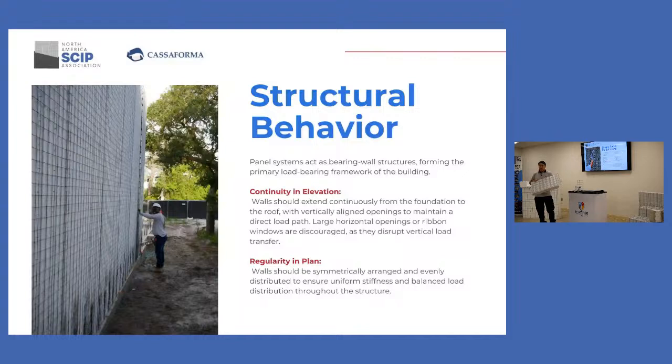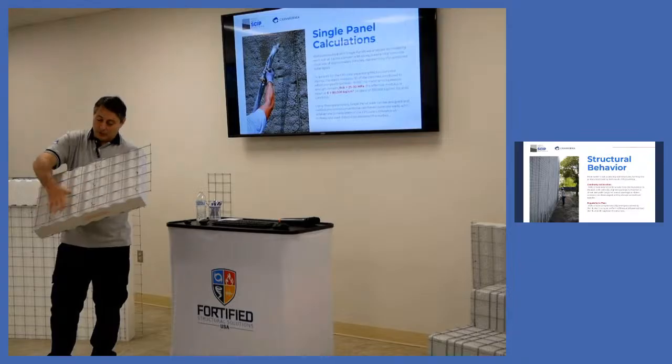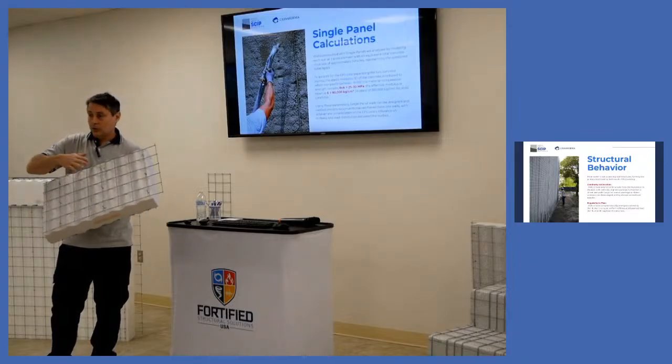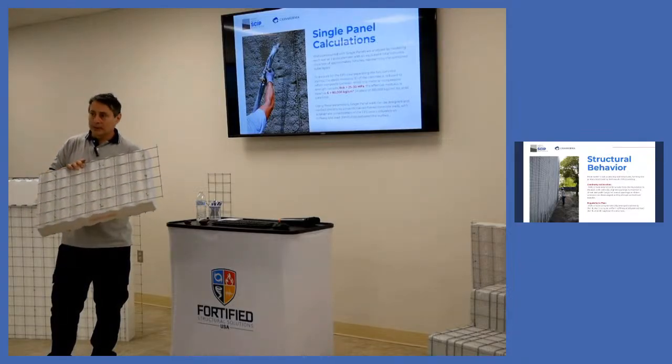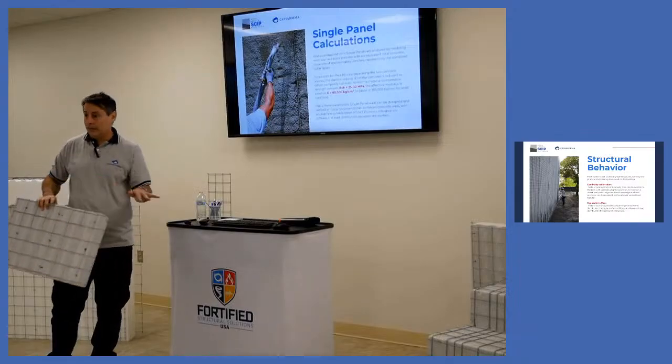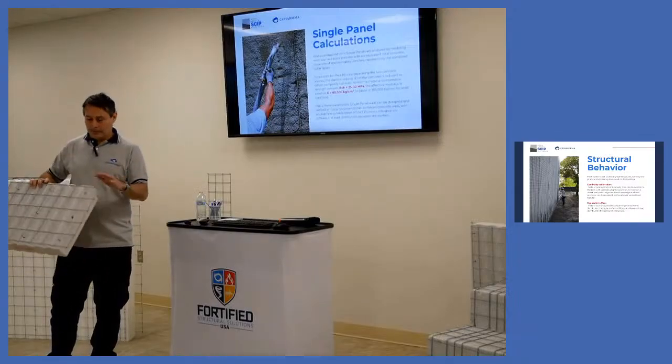The first layer is a scratch coat, where the goal is not to see the mesh. Then the second one is the brown coat. So you leave it like what we call the shell, and everything is already done.